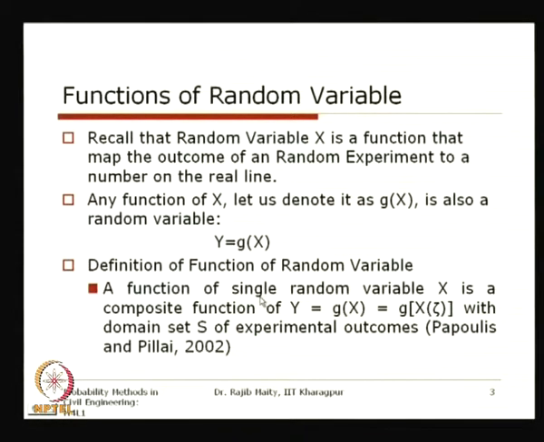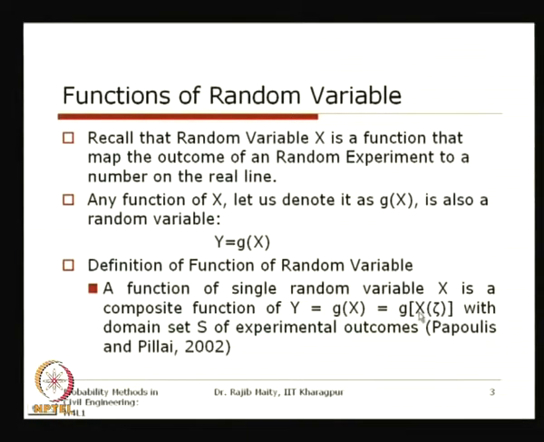Similarly, we will see the properties for multiple random variables in a subsequent lecture, where there will be more than one random variable and their functional relationship with some other random variable.